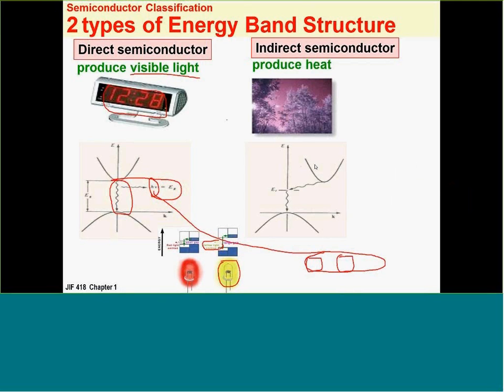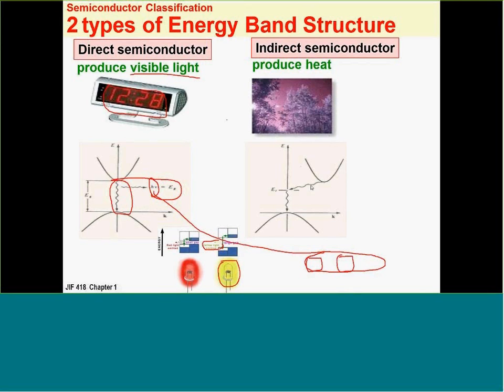Okay, it produces heat. So it's just that, by manipulating the material that you put inside a semiconductor, you are able to produce material, whether it's direct or indirect semiconductor. So from there, you know that this one will be able to produce visible light because the band gap that's here will give out energy that lies in the visible region.